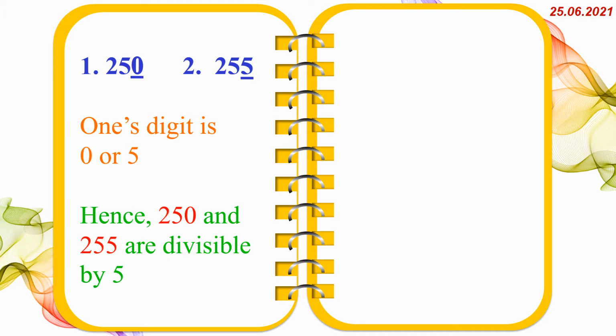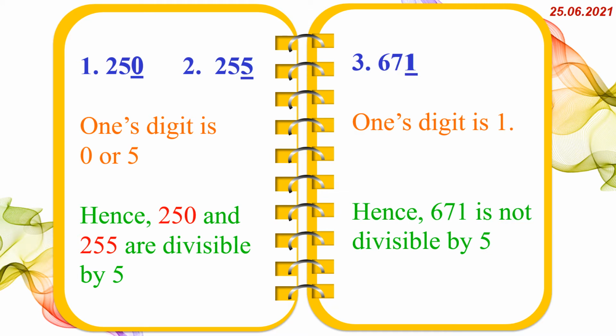Hence, 250 and 255 are divisible by 5. Next, 671. Here, the ones place digit is 1. Hence, 671 is not divisible by 5.